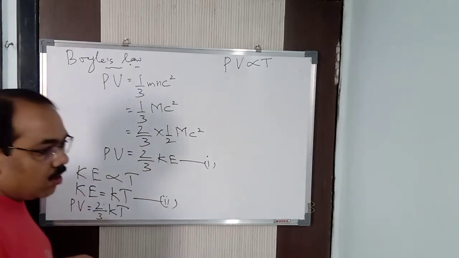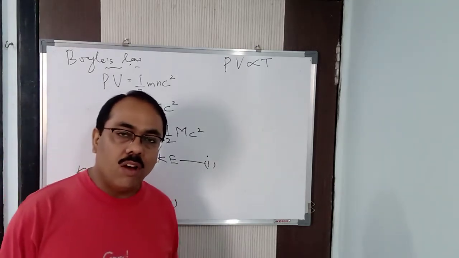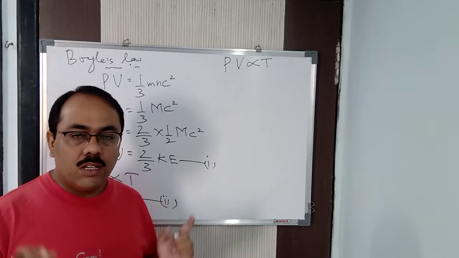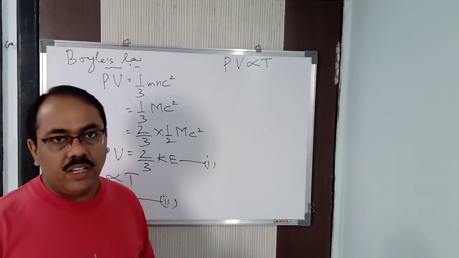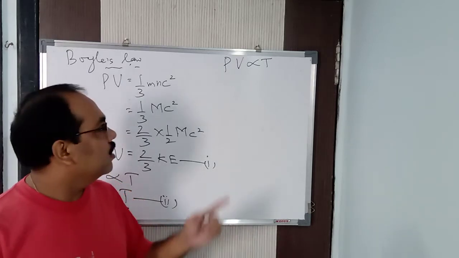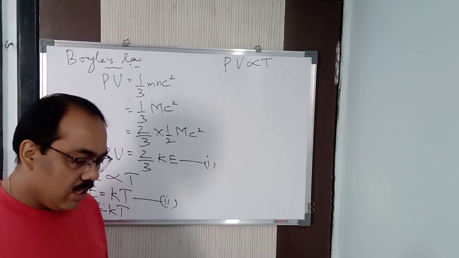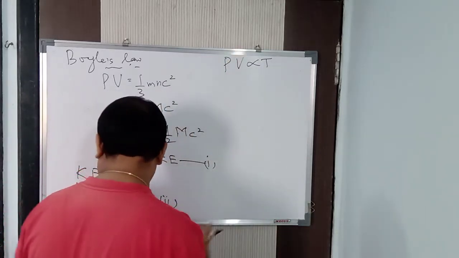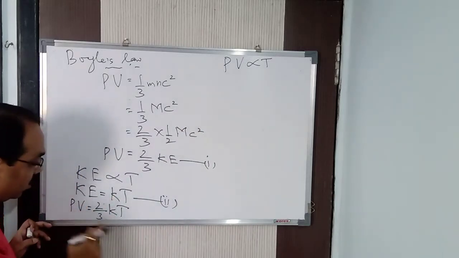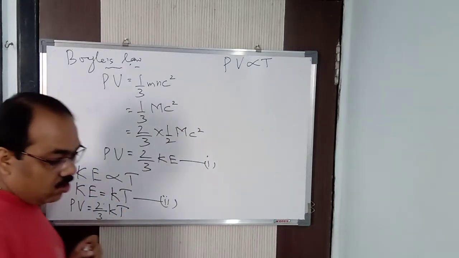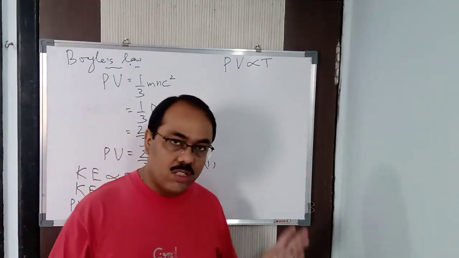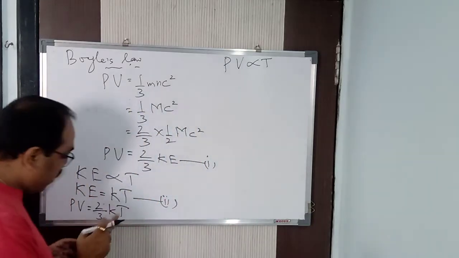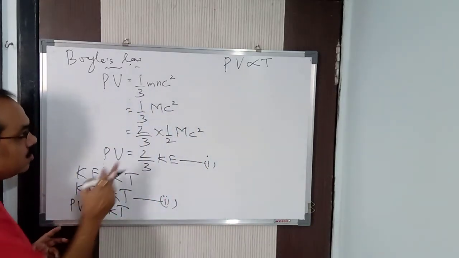That is only Boyle's law: pressure is inversely proportional to volume when temperature remains constant. Here it is nothing but PV is equal to constant. When the temperature is also constant, T is constant, K is constant, and 2 by 3 is constant.